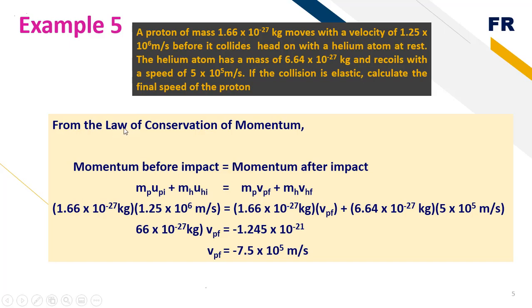Okay, since the collision is elastic, we apply the principle of conservation of linear momentum. So the momentum before impact is equal to the momentum after impact. Initially the proton has an initial velocity, whereas the helium is at rest. So here u of helium is 0.